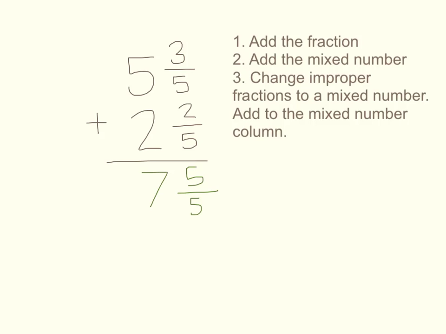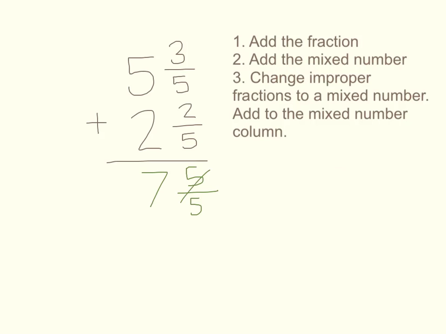So we have a new step this time, which is step number 3. I wrote out this step as saying first you need to change your improper fractions to a mixed number. You should remember from past lessons that 5/5 is the same thing as another whole number.